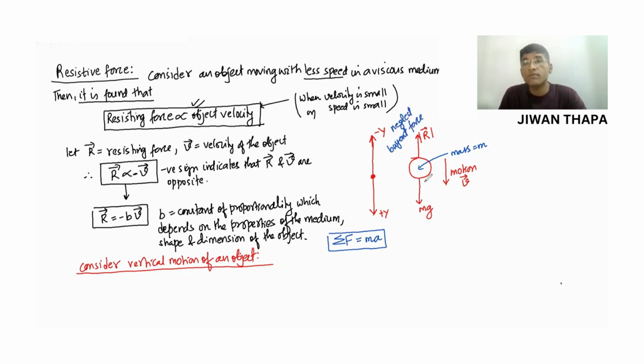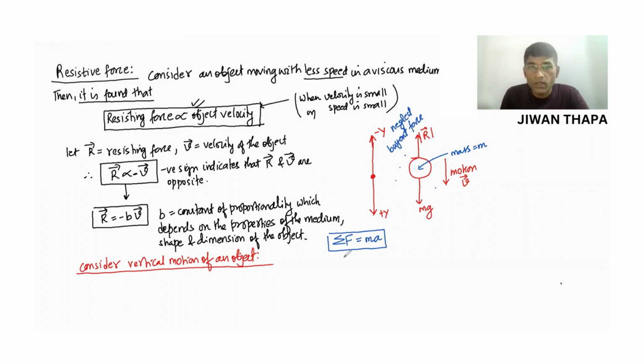We see there are two forces, and we neglect the buoyant force. One force is the weight acting vertically downward, and another is the resisting force acting in the upward direction due to the viscous medium surrounding the object.